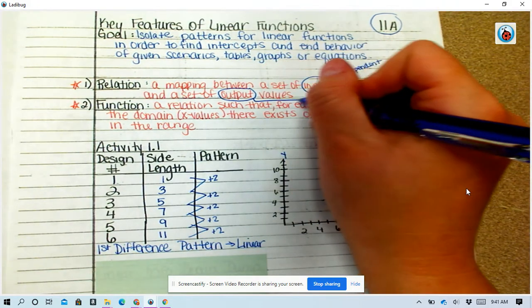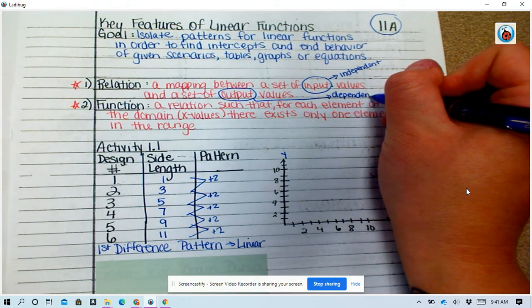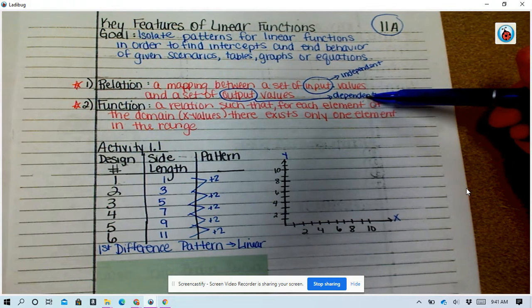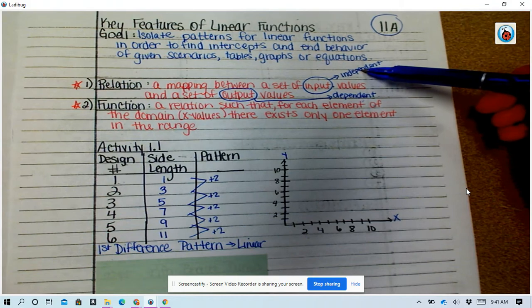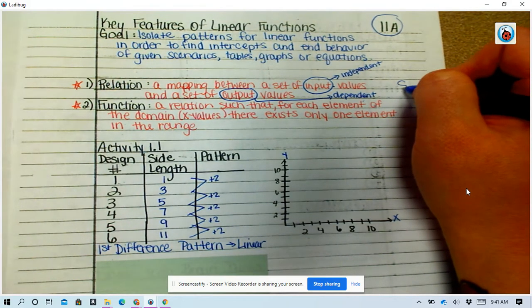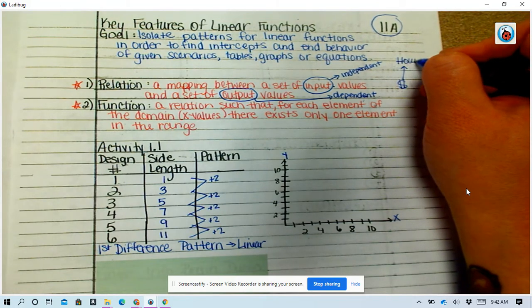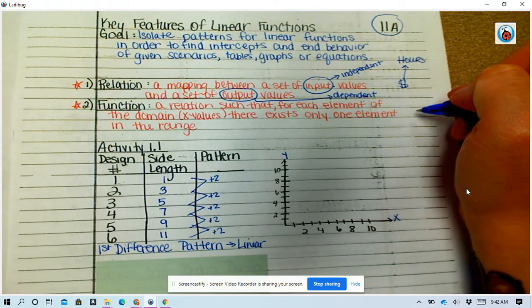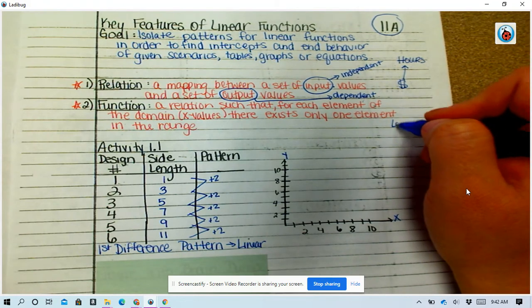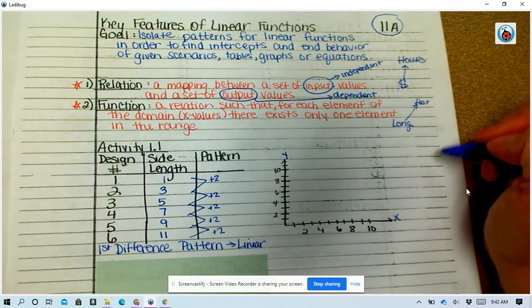And then the output is the dependent variable, and that's what number changes based on the independent variable. Kind of like your paycheck: how much money you make depends on how many hours you work. Or how long it takes you to get somewhere depends on how fast you drive.